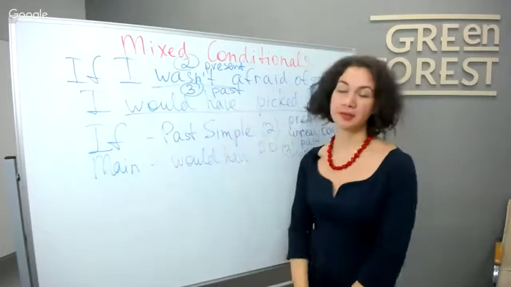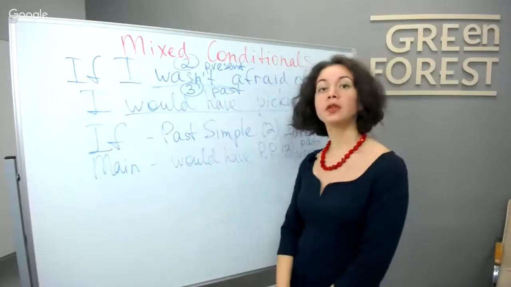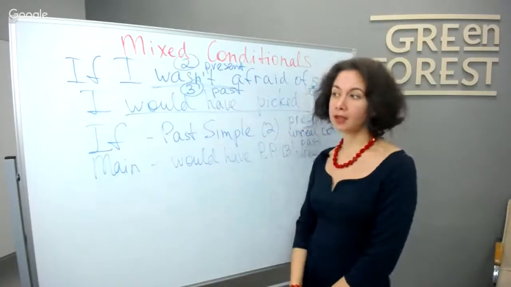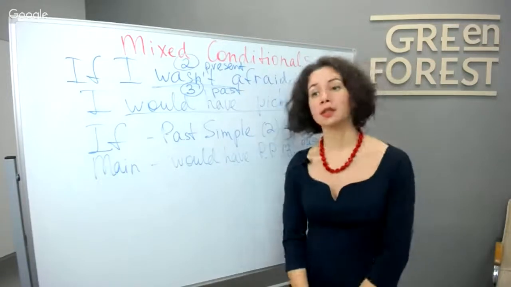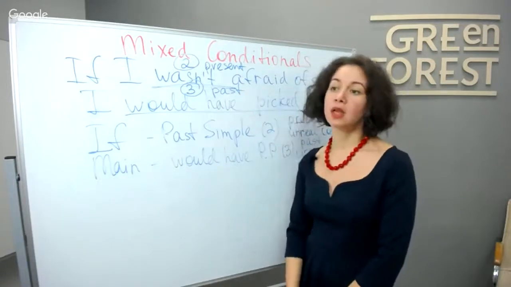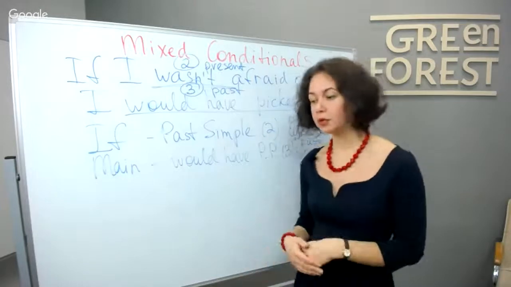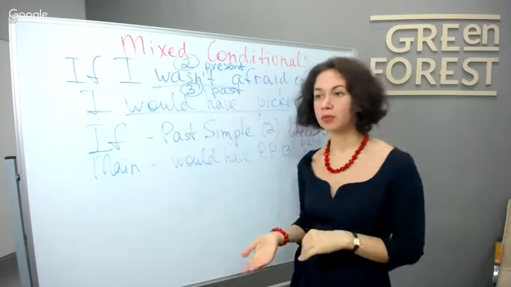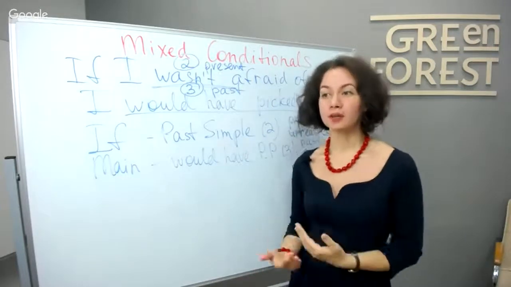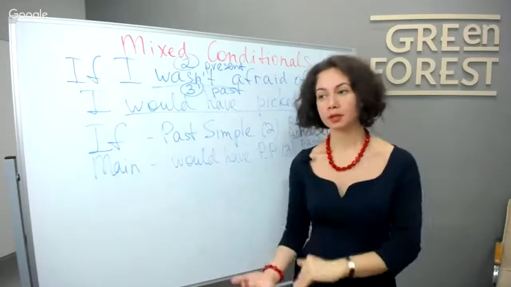So this is 2 plus 3. The one that was before, this is when our condition was in the past, quite easy to understand. Then due to this condition, we would have something or we wouldn't in the present. So this is 3 plus 2.